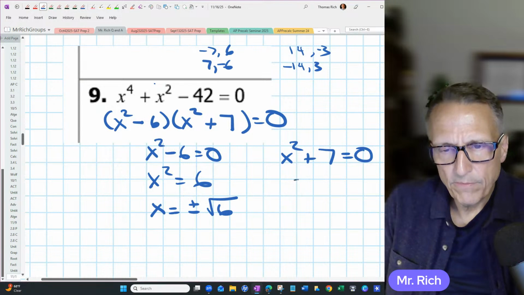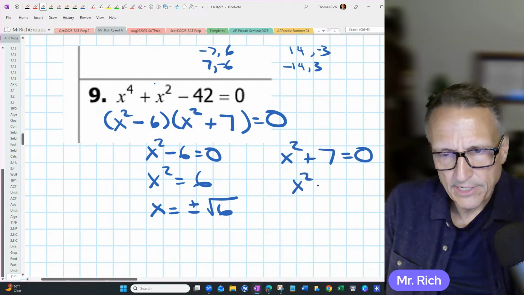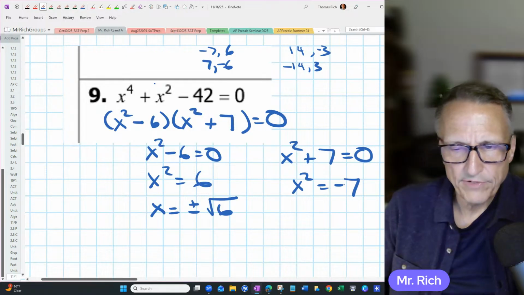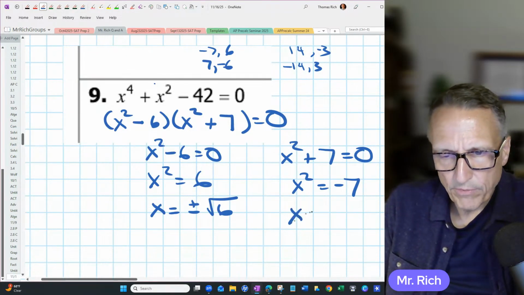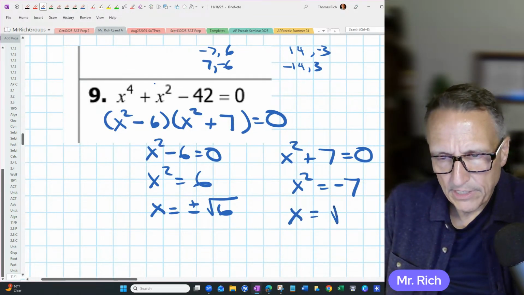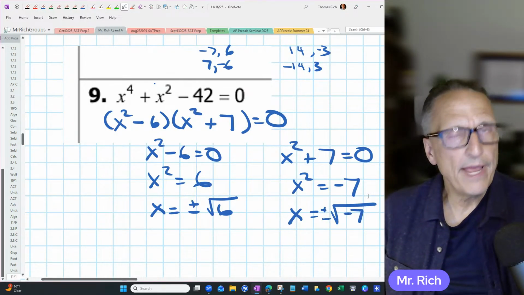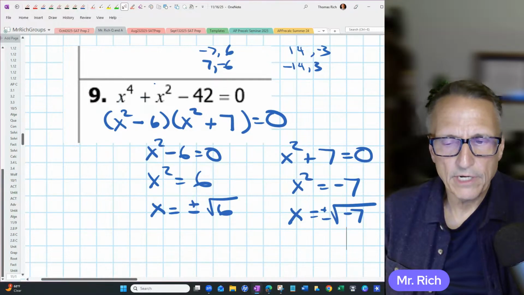Over here, though, when I subtract the 7 over, it's going to be x squared equals negative 7. And then I will square root both sides, but that's going to give me the square root, plus or minus, of a negative 7. That makes that an imaginary answer, or what we call a complex answer.